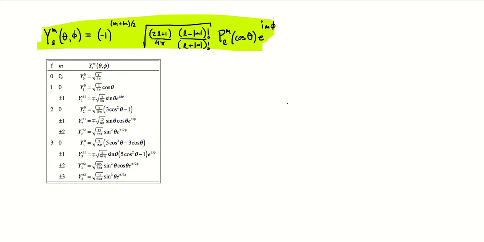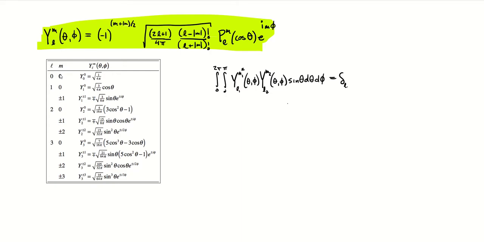But one big one is they're orthonormal, which means if I integrate over all space in terms of these angular components, Y l1 m1 complex conjugate of theta phi times Y l2 m2 of theta phi, sine theta d theta d phi, this is going to be equal to either 1 or 0, right?